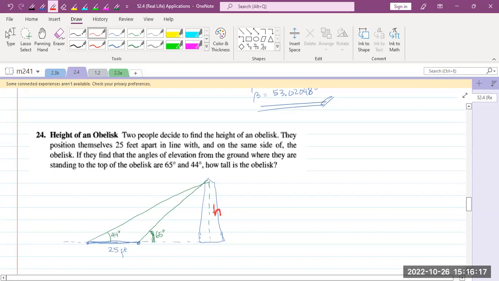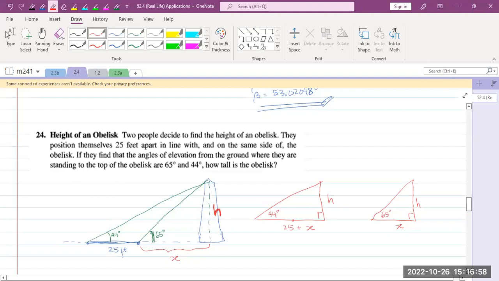Okay. Now, notice that this height h is being shared. And in the right triangles, let's draw the big one first. This is 44 degrees. This is the height, but the length here is 25 plus, let's call that x. If we call this x. Okay. While the other right triangle with 65 degrees, this is 65 degrees, this is h, right angle, x.